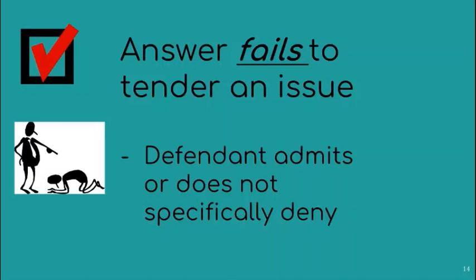The other way of making a specific denial is when it involves an actionable document. This means that there is a complaint, and the complaint is based either on a contract or a promissory note or some other document.